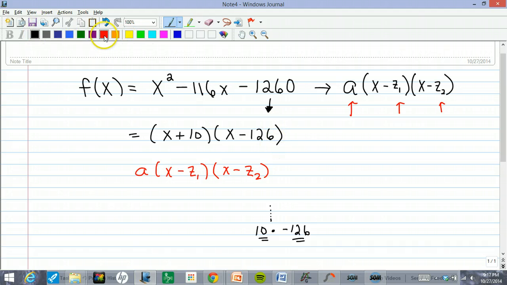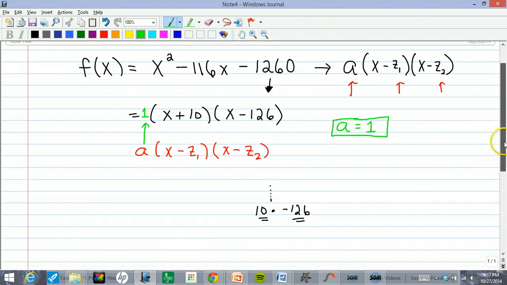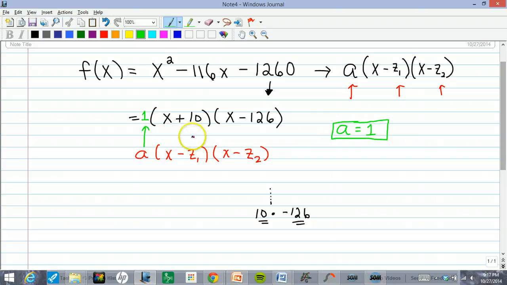By comparison, our a value right in front of the group is an invisible 1, which tells us that there is no dilation. But regardless, a is 1. We need it to look like x minus z1, so we can make this minus minus.